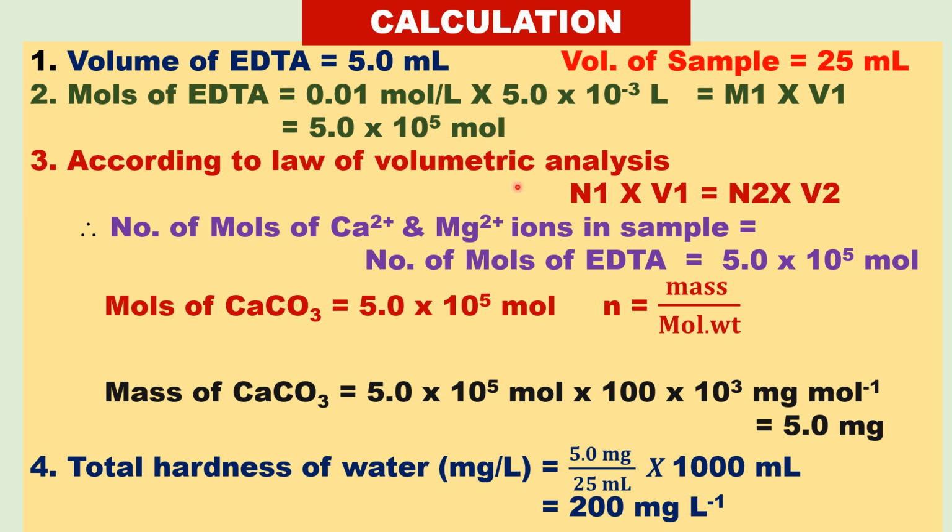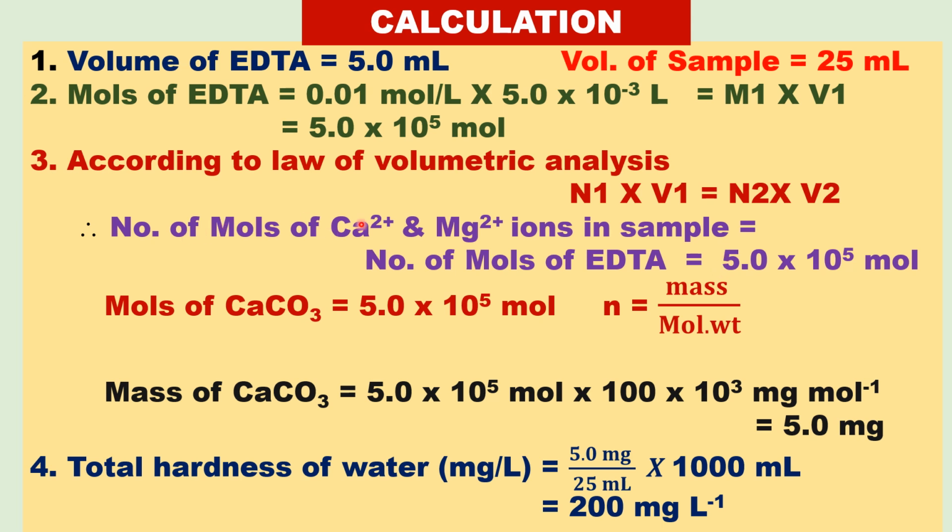According to the law of volumetric analysis, N1 V1 equals N2 V2, or M1 V1 equals M2 V2. That means the number of moles of EDTA equals the number of moles of calcium ion. Therefore, the number of moles of Ca2 plus ion and Mg2 plus ion in the sample is equal to the number of moles of EDTA.